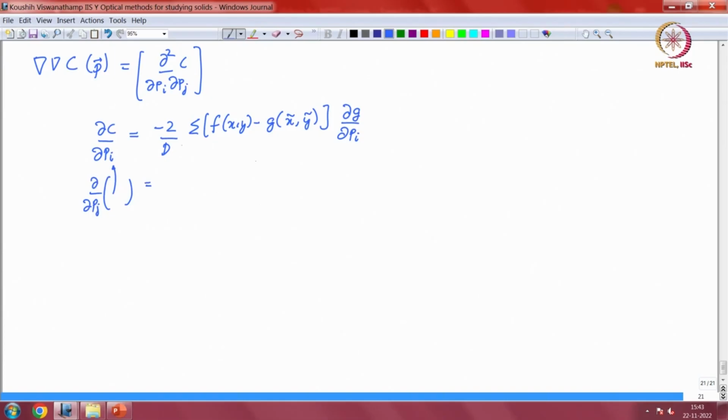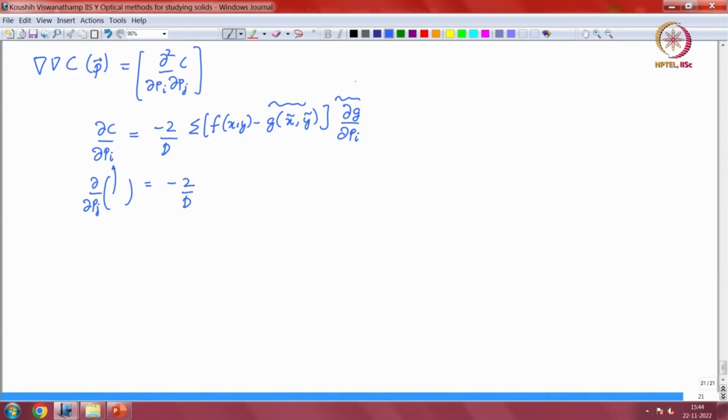Remember again, d does not depend on any of the p's because it depends only on x and y in the undeformed configuration. So, that does not matter. The only thing you will have to now remember, so I will have the 2 by d out, is that now you have two terms that contain p_j, one is this and one is this. So, we will act on them one after the other.